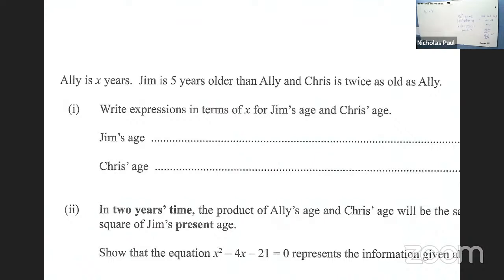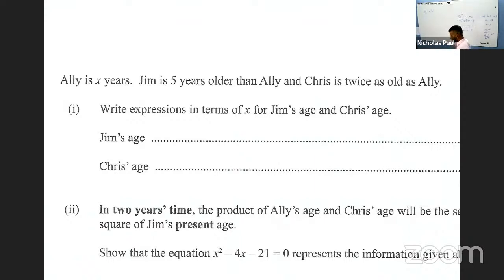All right, let's see what you have here. Jim's age: Ali is x years, and Jim is 5 years older than Ali.